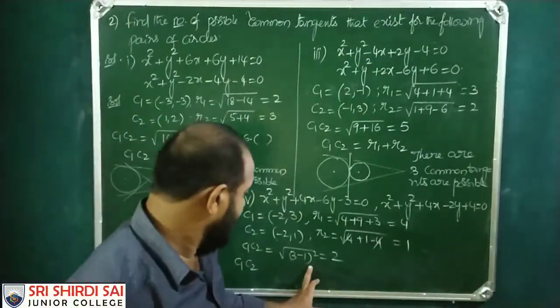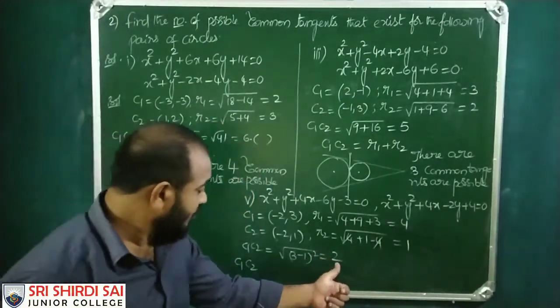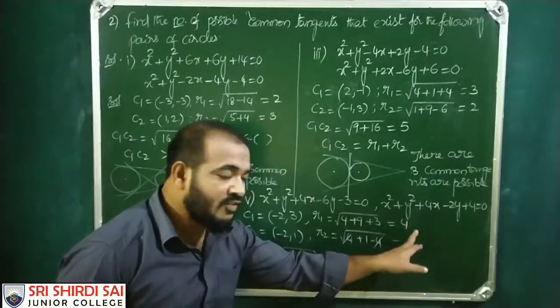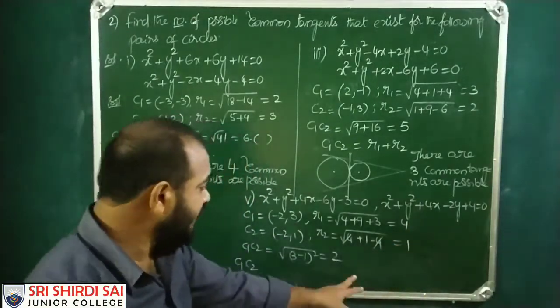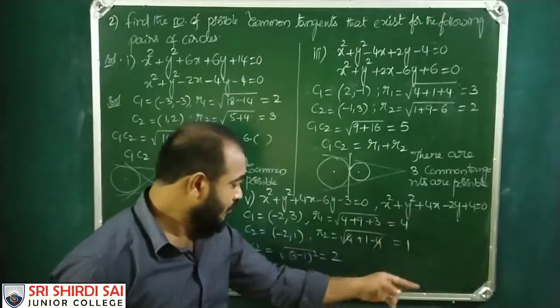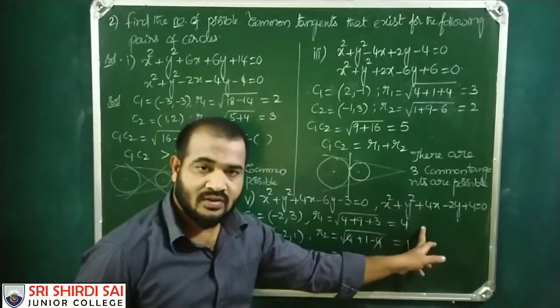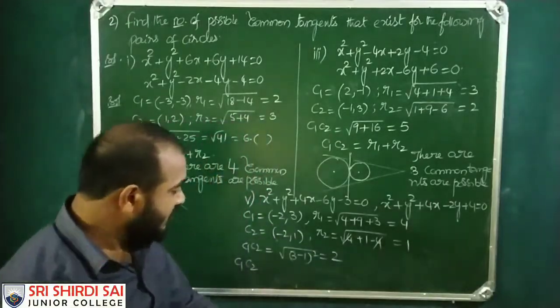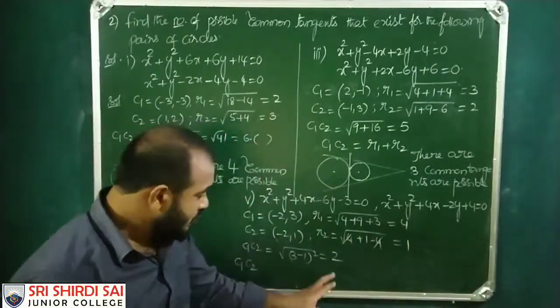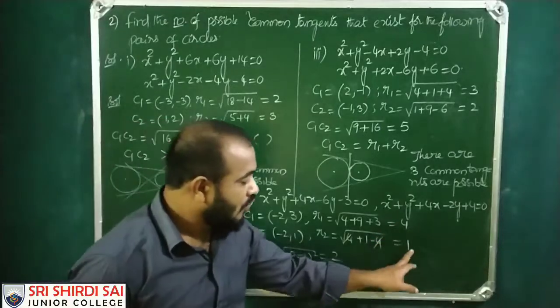Let us see: is C1C2 equal to R1 plus R2? 2 is equal to 5? No. Is C1C2 greater than R1 plus R2? 2 is greater than 5? No. First condition fails. Is C1C2 equal to R1 minus R2? 2 is equal to 4 minus 1? No.